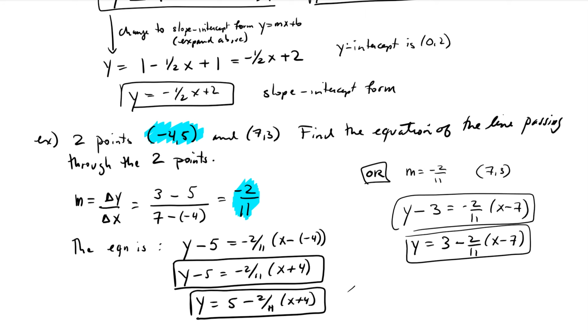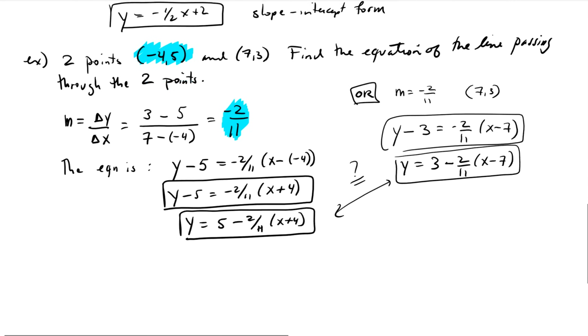And then you may wonder, well, are these equal? Because I can't have two different equations for the same object, right? Well, let's take a look. If I expand them, I'm going to put them in the form mx plus b. They should be the same. So if I expand, what do I get?